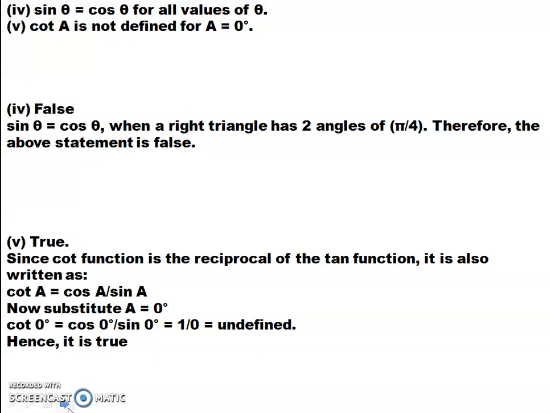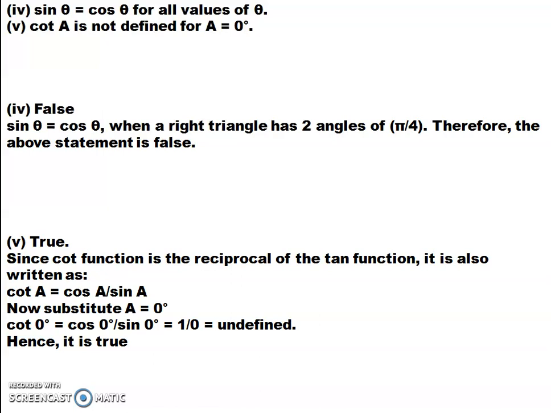So, sin theta and cos theta are not equal in all cases, but for sure they are equal when theta is equal to 45 degree, that is, angle is pi by 4. The condition sin theta equals cos theta holds true only when theta is equal to 45. You know that sin 45 is equal to 1 by root 2. Cos 45 degree is also 1 by root 2. Hope the concept is very clear.